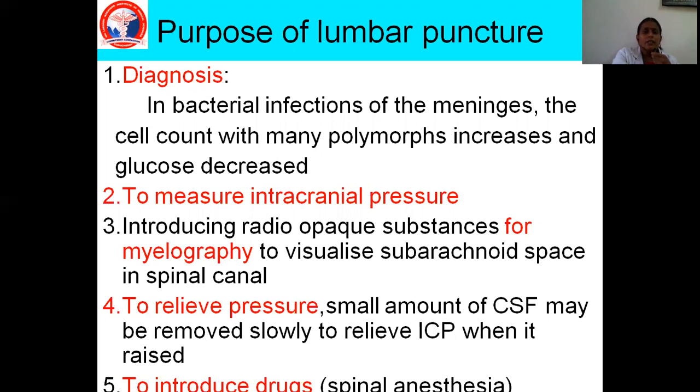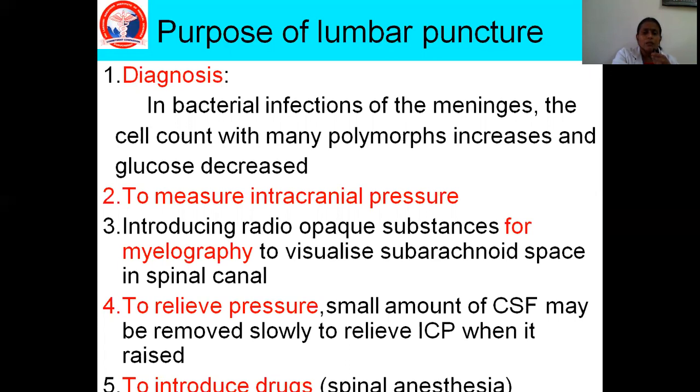The second one is to measure the intracranial pressure. The third purpose is to introduce radio-opaque substances for myelography to visualize the subarachnoid space in the spinal cord. The fourth is to relieve pressure.